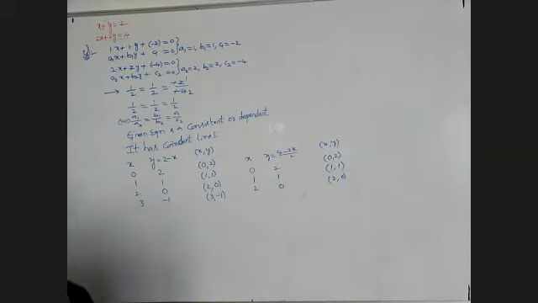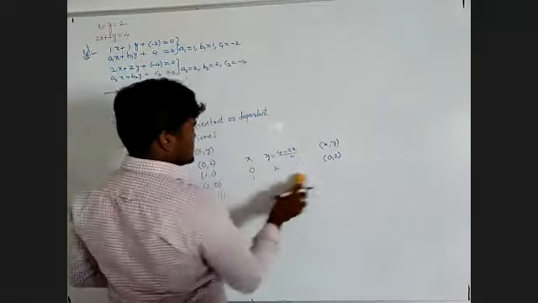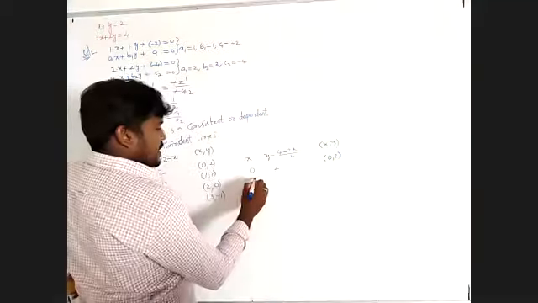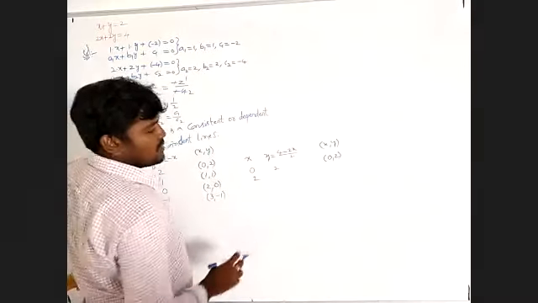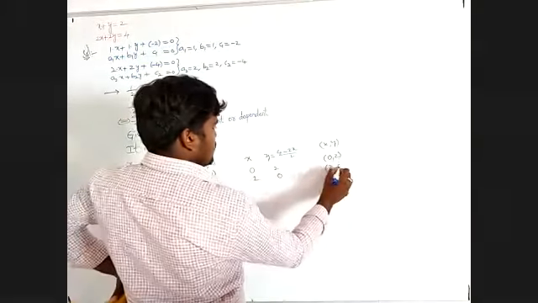We have to take some other points also. We have to take some more. Here 2, 4, 6. Here we have to take 2. 4 minus 4 becomes 0. 0 by 2 is equal to 0. That we have to take 2 comma 0.